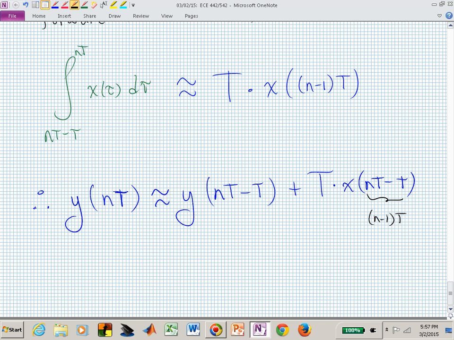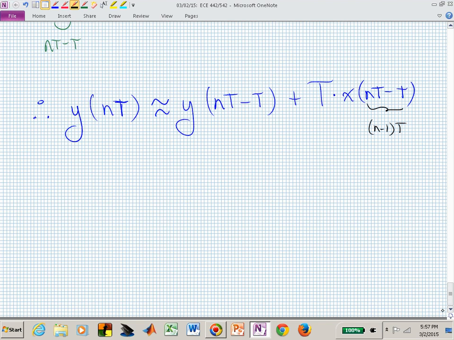And we've now segmented that time axis up into pieces determined by the sample period capital T. That's a discrete time domain representation.